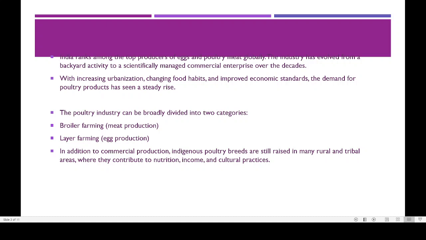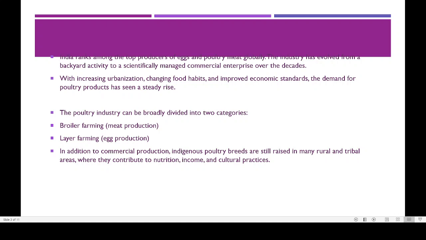Now, India ranks among the top producers of eggs and poultry meat globally. So if you take worldwide, India is a very important country in producing eggs. And the industry evolved from the backyard. Backyard means the place around our house. Earlier, people were rearing hens mainly in their house compound itself.